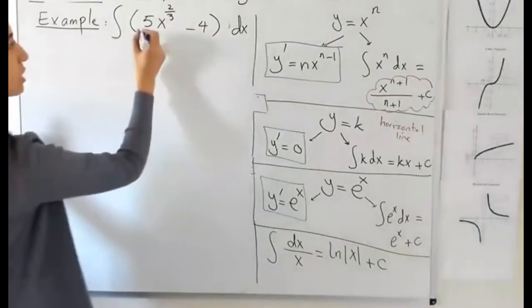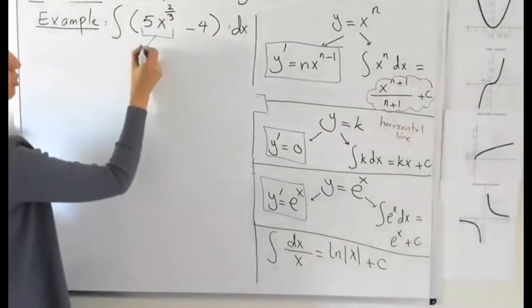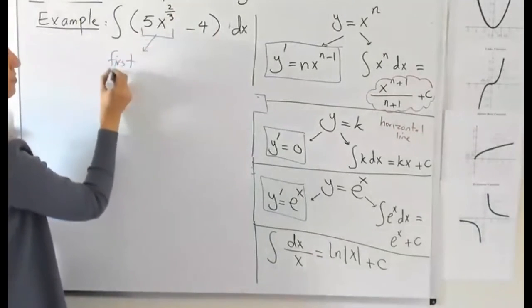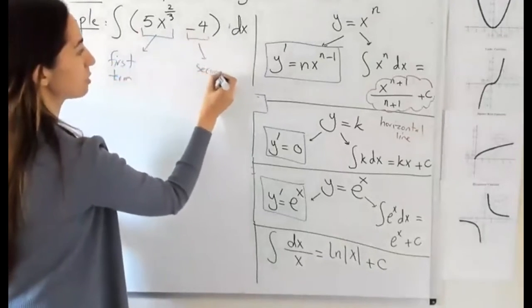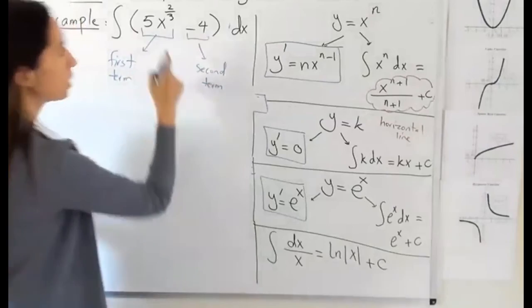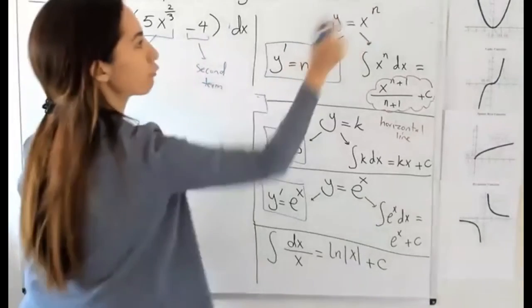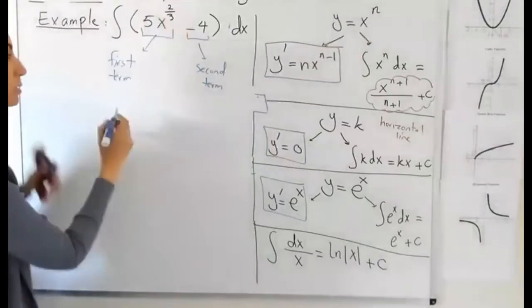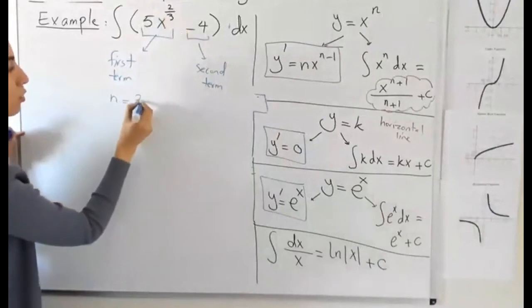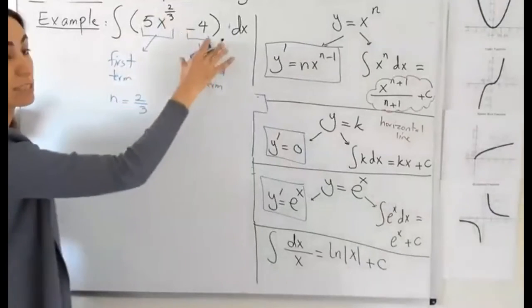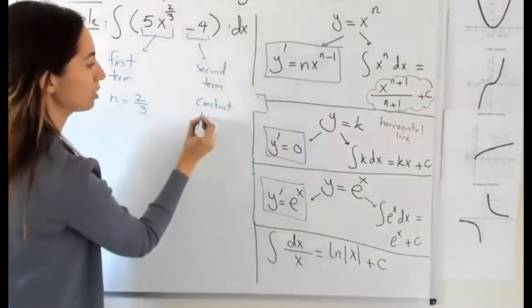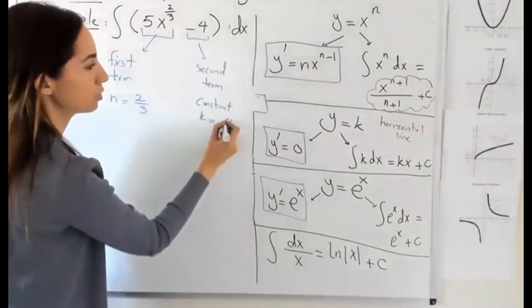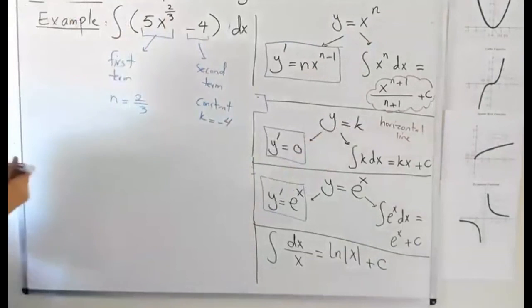The first term is 5x to 2 thirds. This is your first term. This guy is your second term. The first term is in the format of x raised to an exponent, where n is equal to 2 thirds. And the second term is a constant function, k is equal to minus 4.